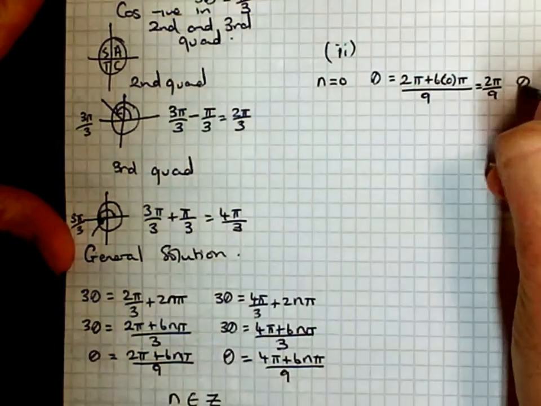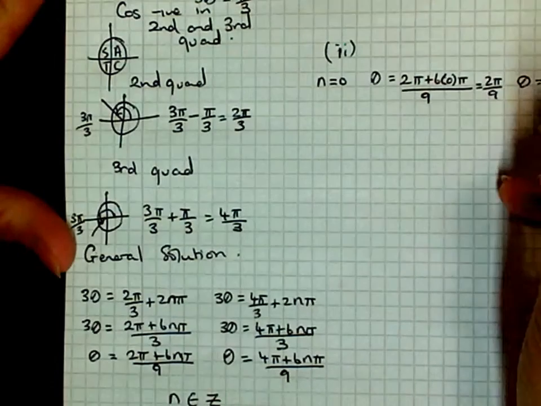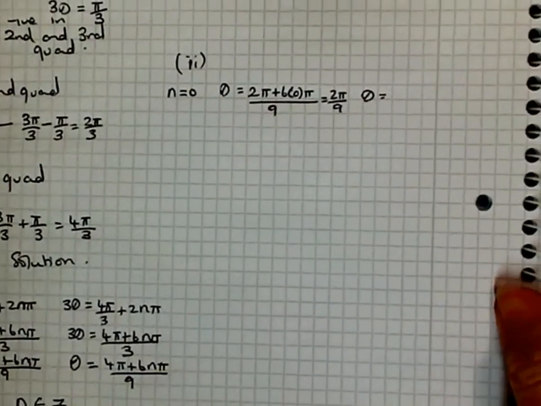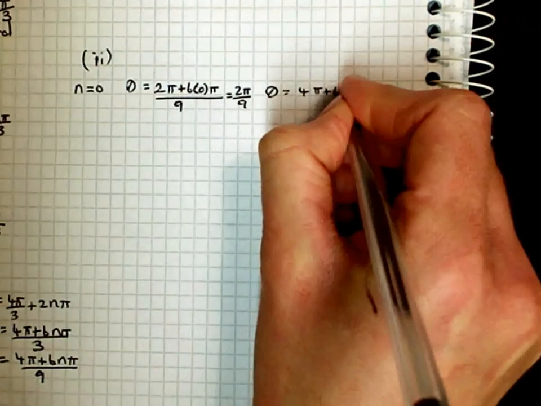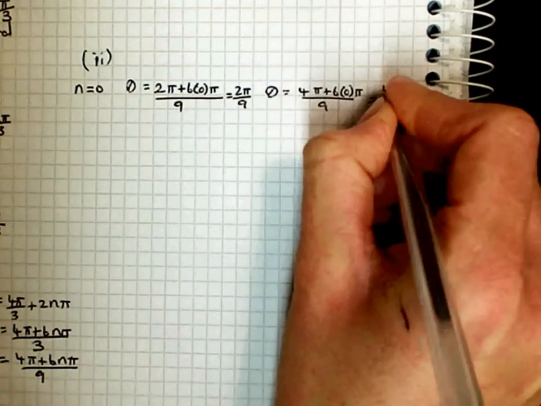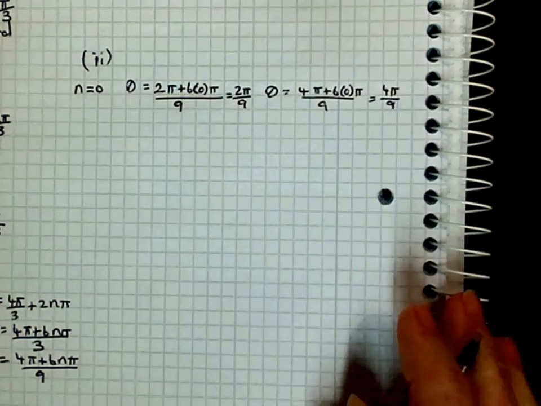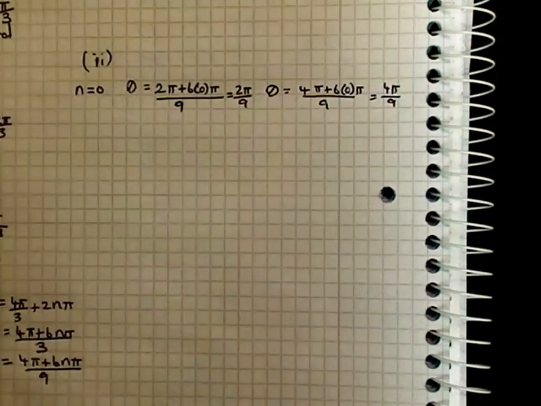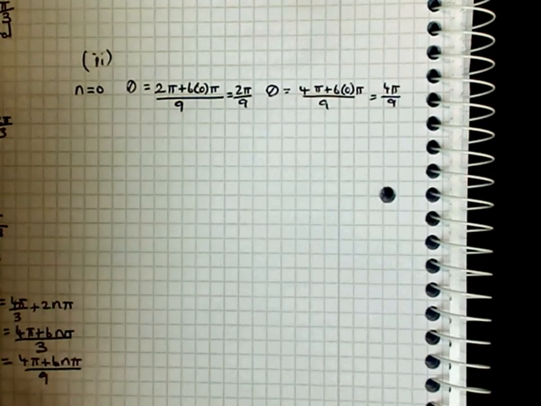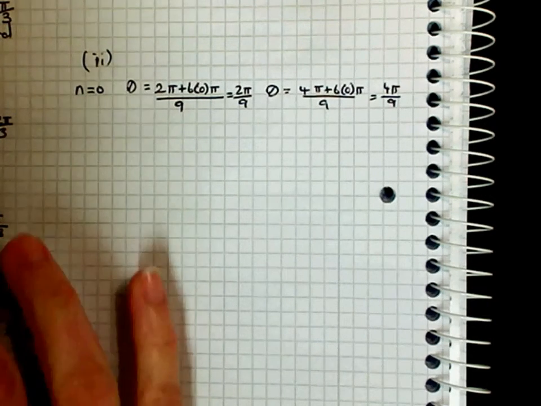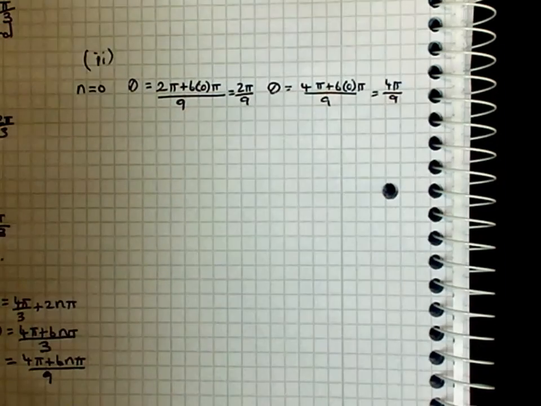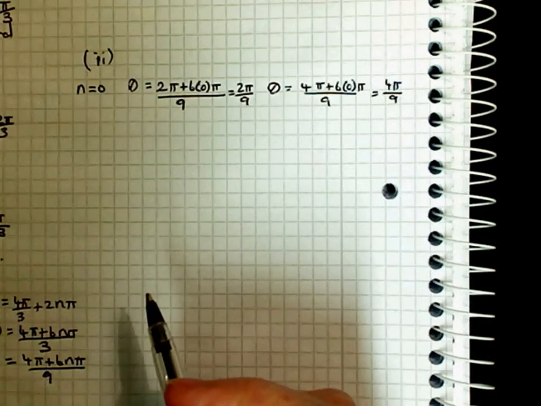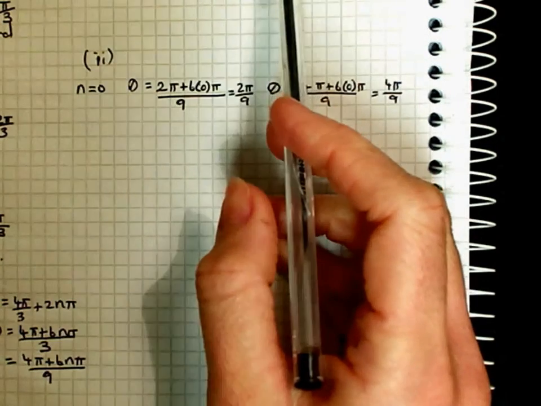And we take our other one, theta is equal to 4 pi plus 6 times 0 times pi divided by 9, which is 4 pi over 9. Just checking, that falls within our range of 0 and 2 pi.